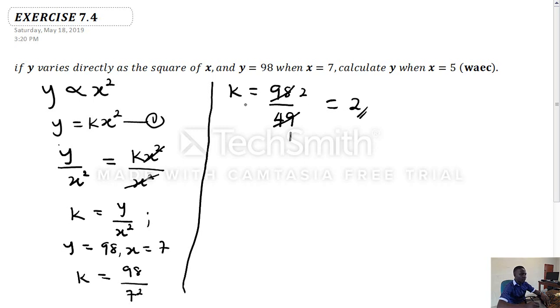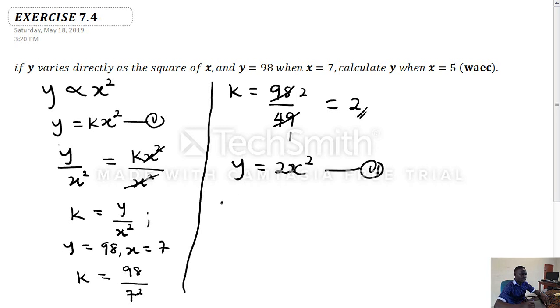I will therefore resubstitute the value of k into equation 1 to get the relationship between y and x, and that becomes y is equal to 2x squared as the relationship between x and y.